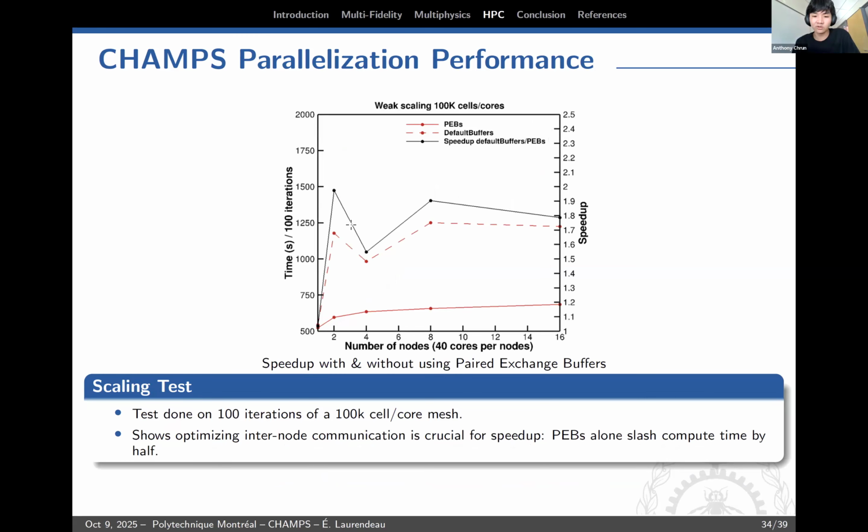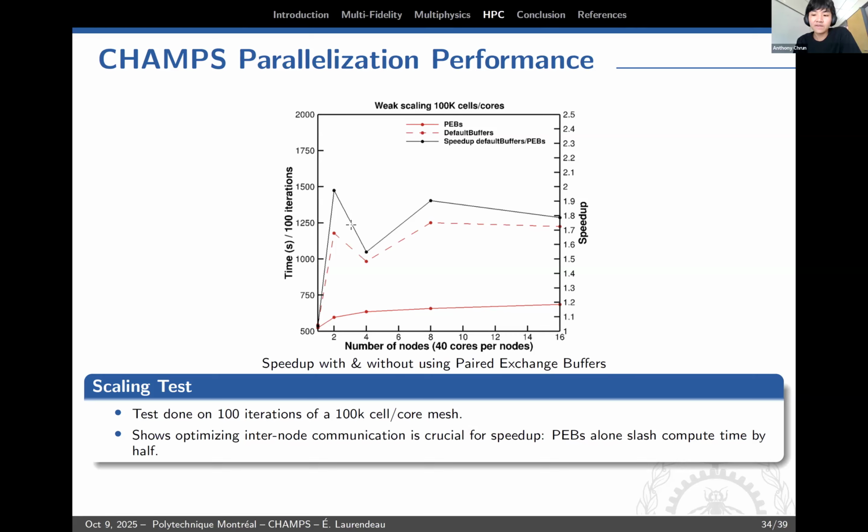The test case is a flow solver case where we have 100,000 cells per core. Initially, without any optimization, the computation takes between 1,000 and 1,200 seconds. And when integrating that exchange buffer solution, we are basically slashing the compute time by half.